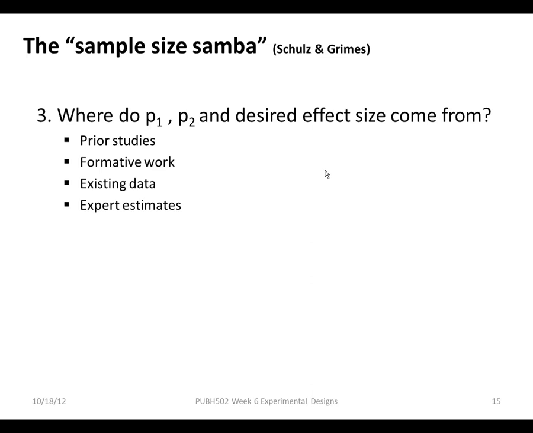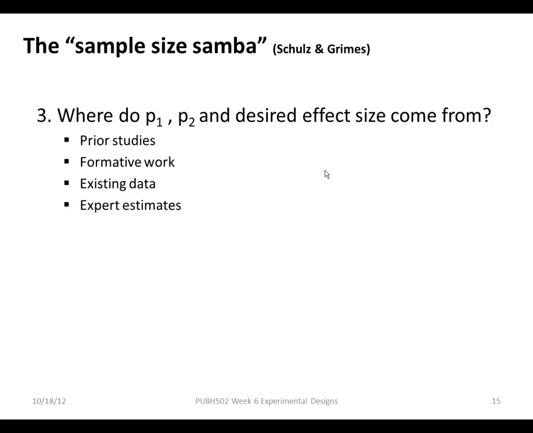Another question we get a lot with sample size calculations is, where do I get P1 and P2? And of course, the relationship between them being the desired effect size. Most of that comes from either prior studies in the literature, formative work that you may have done with the population, existing data sets from similar treatments or comparable treatments, or consulting with experts about what's a good estimate for P1 and P2.